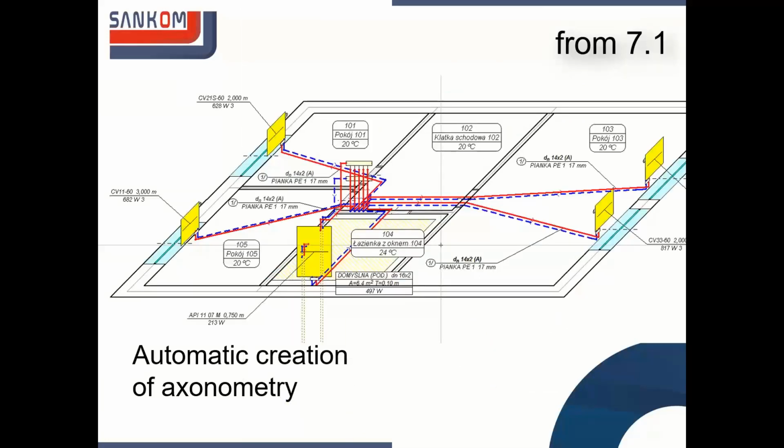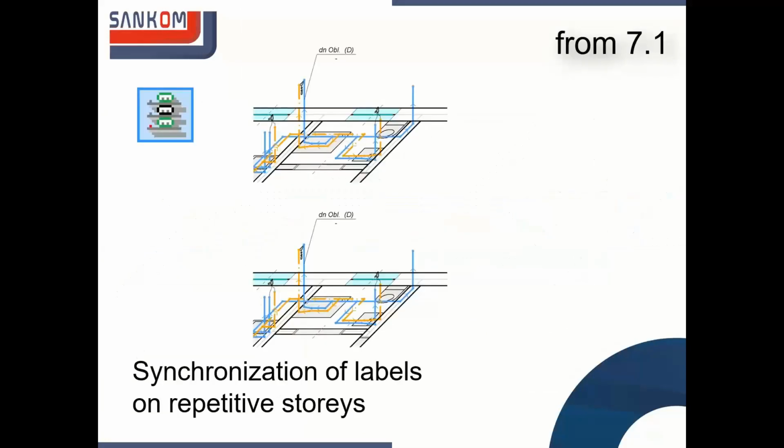The option that is connected to Axonometry is the synchronizing of labels of different stories. If you've got big buildings with many stories, that can also save a lot of time and make your drawing more organized.